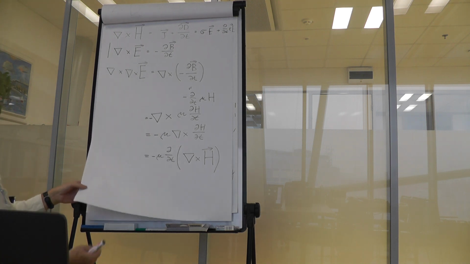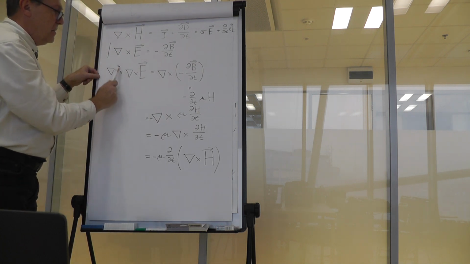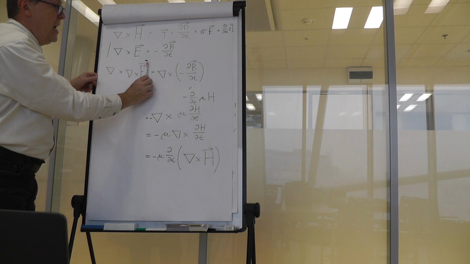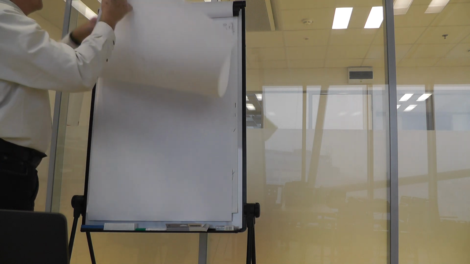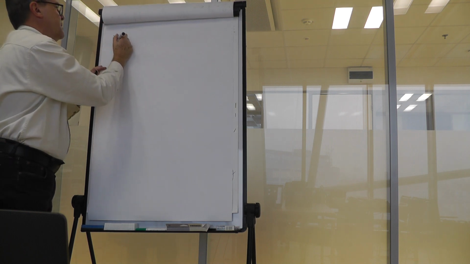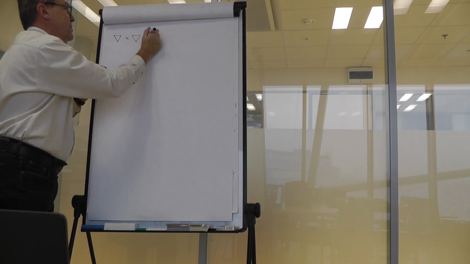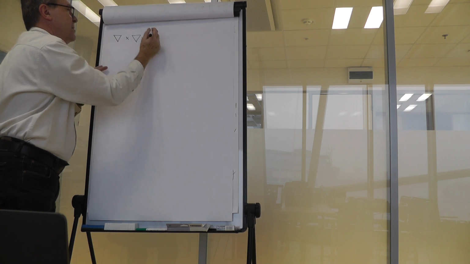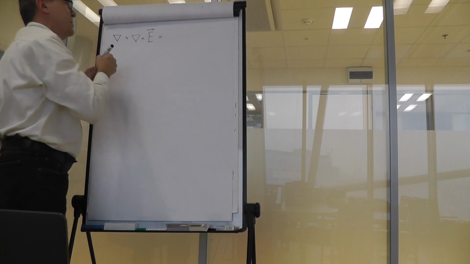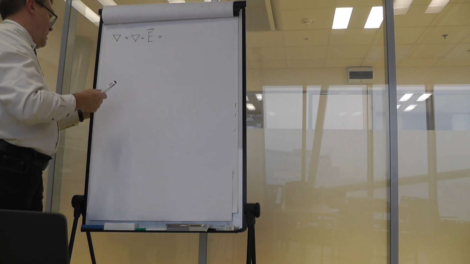So we have on the next paper the left side, nabla, vector product nabla, vector product electric field strength, as equivalent to, let's put it down, and what we have done.